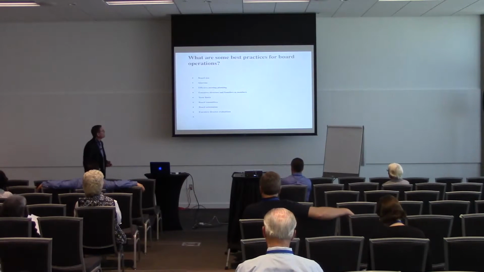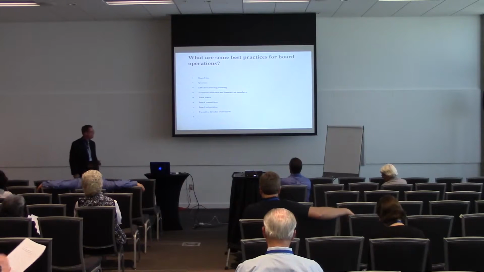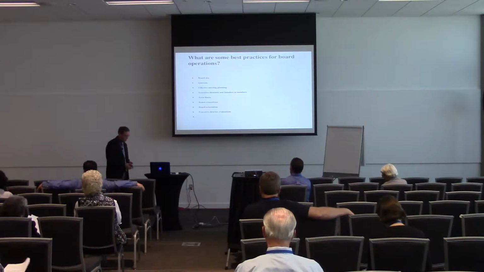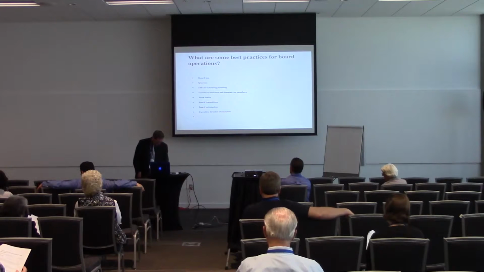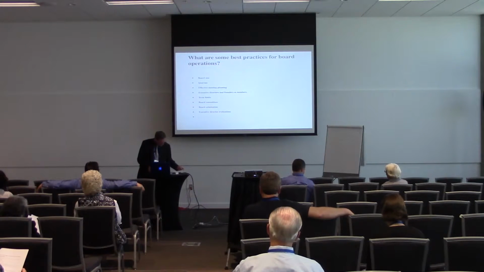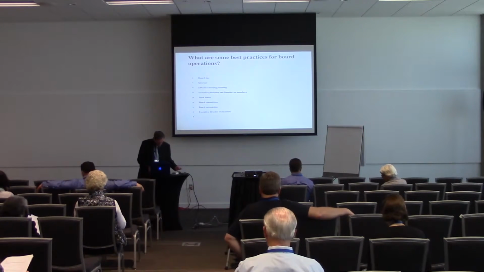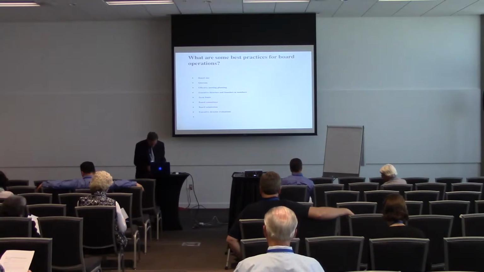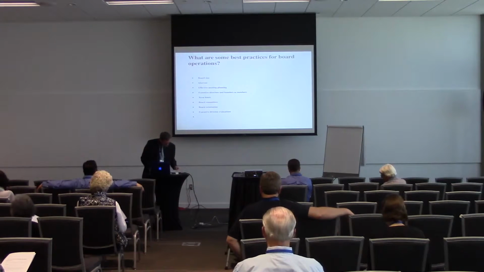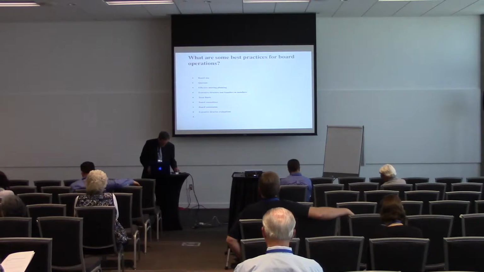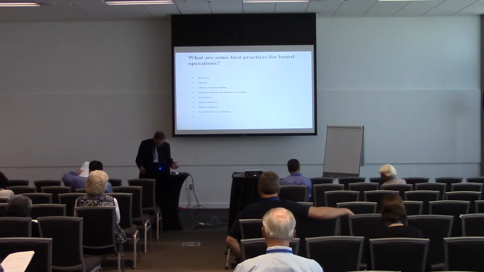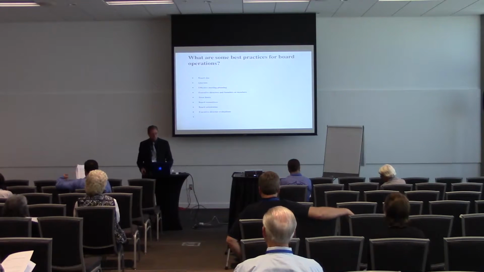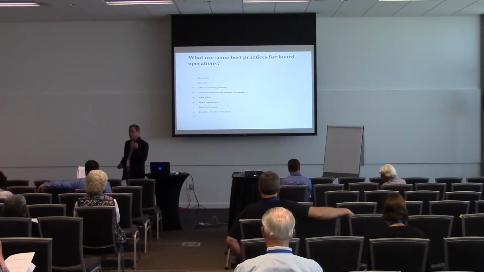Okay, what are some of the best practices for board operation? All right, so what size should your board be? If you look in your document here, there's a few more words here, but let's just talk about this. In most states, you have to have at least 3 members.